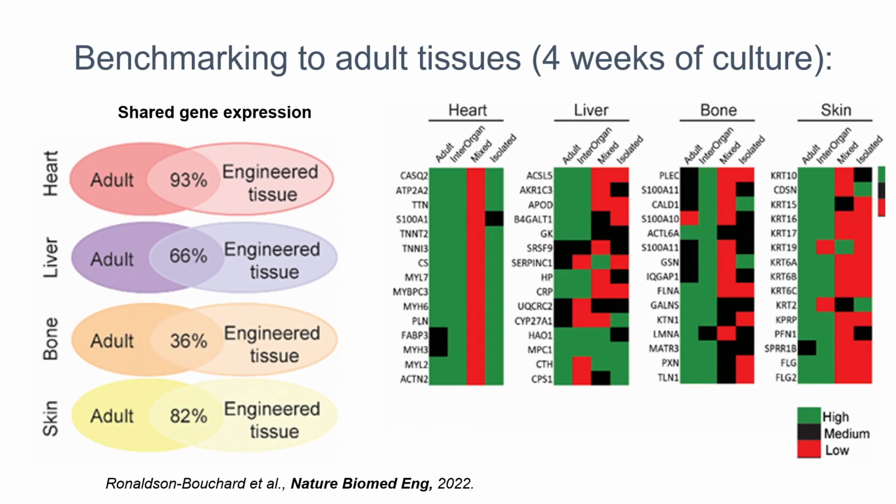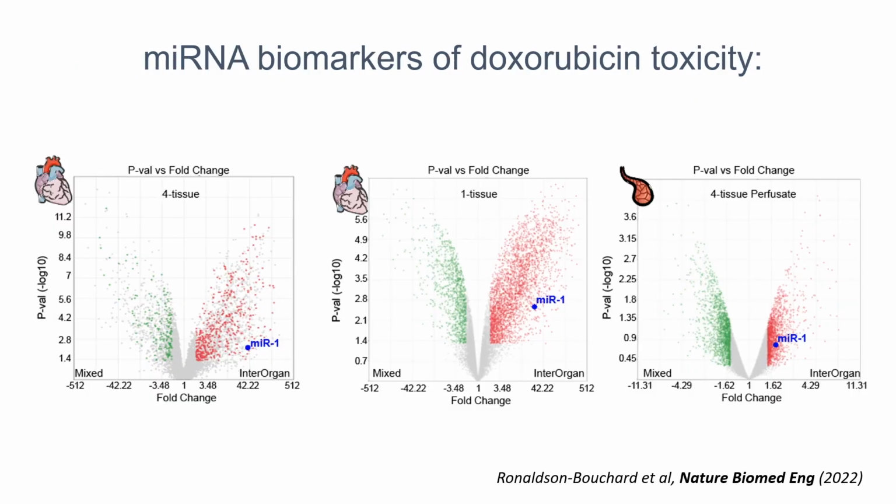And then here is just a map between adult, the first column, so normal adult. The next column is our interorgan platform, and then you see mixed, and then you see isolated, and you see that overall mixed is doing the worst in this particular constellation of tissues.